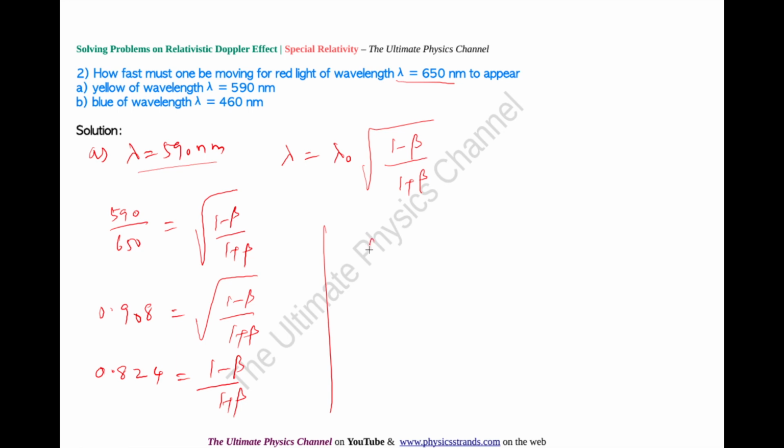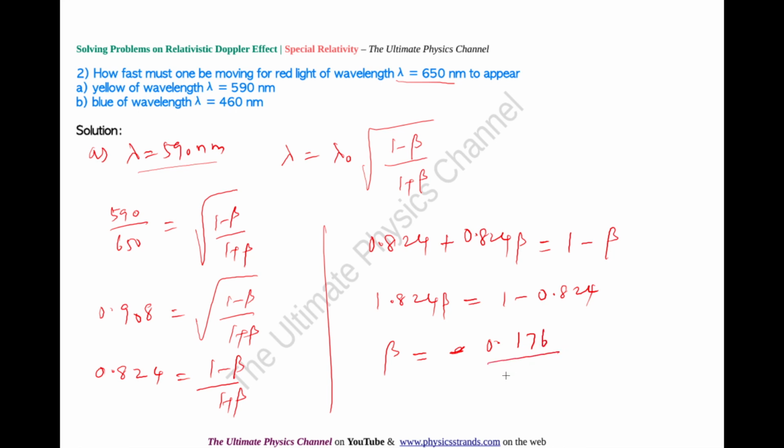So that would be 0.824 plus 0.824 beta on the left side would be equal to 1 minus beta, or 1.824 beta is equal to 1 minus 0.824, or beta would be equal to 0.176 over 1.824.